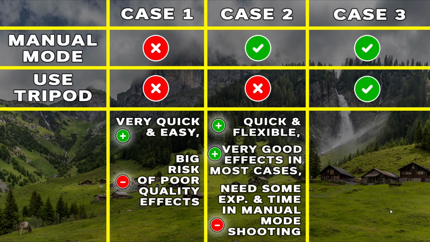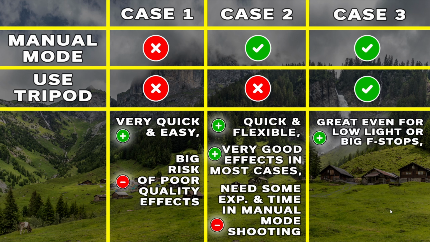Case 3 is when you are using manual mode and you are using a tripod. From my point of view, this is needed and great for low light conditions, or if you are using big f-stops. For any situation where you need a longer exposure time, it also gives you better results in terms of coverage of the panorama, as you are not going up and down as in the previous examples.